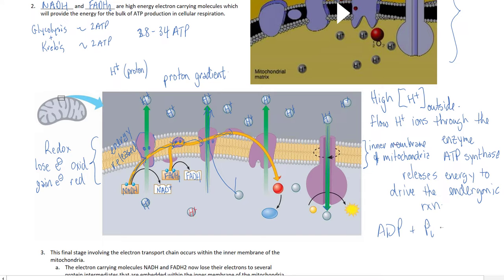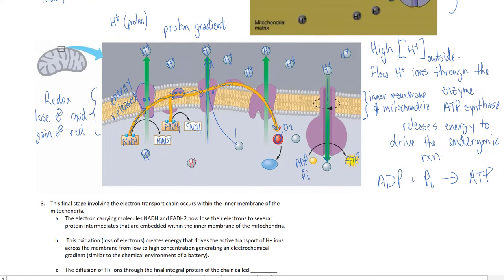So we're going to add this phosphate onto our ADP, creating ATP, which is occurring right here, right? And that's the enzyme ATP synthase. So we get our ADP plus Pi, inorganic phosphate, converted into ATP. And of course, as mentioned earlier, this little red molecule here is our oxygen, and the oxygen becomes the final electron acceptor in the electron transport chain.